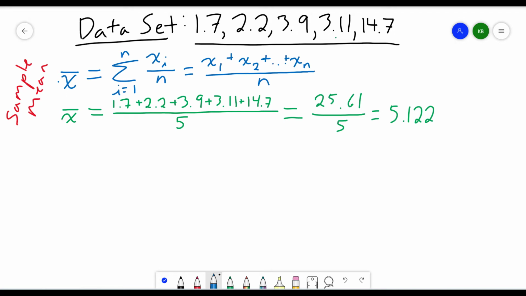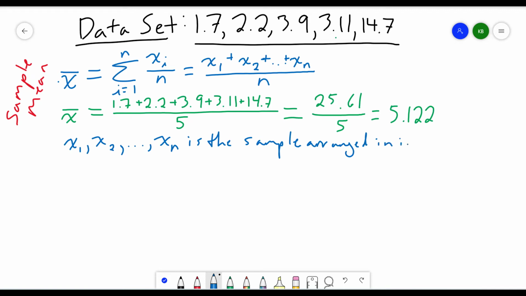So the next thing that we want to talk about with measures of central tendency is a sample median. So to do this, we're going to have our data x1, x2, all the way up to xn, the sample arranged in increasing order.